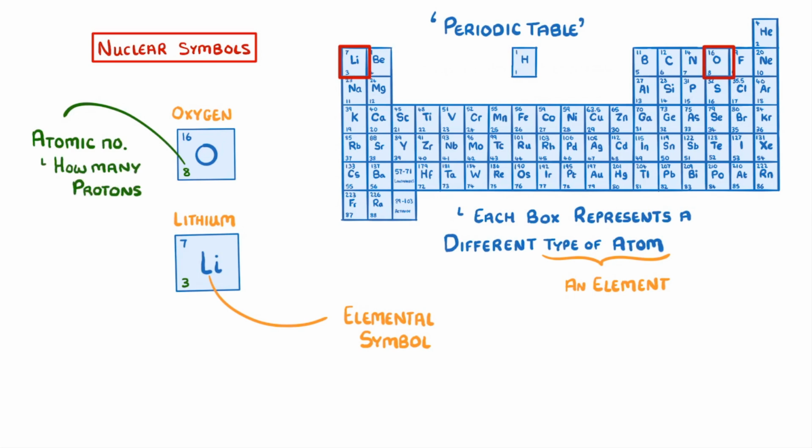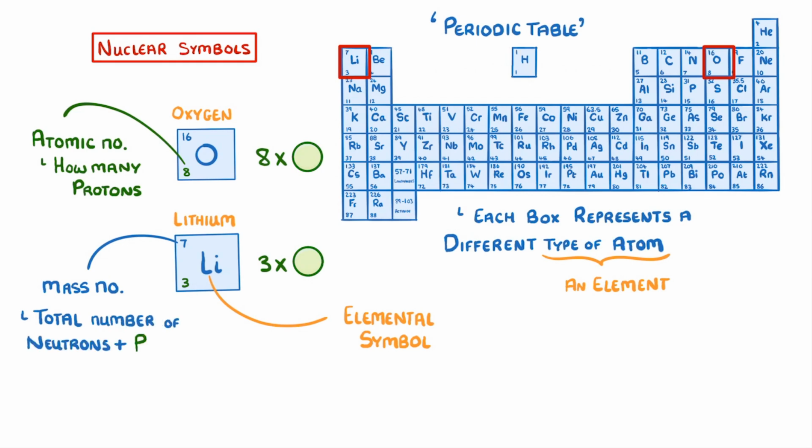So all oxygen atoms have 8 protons, and all lithium atoms have 3 protons. And this is actually really important, as it's the number of protons in an atom that determines which element that atom is. Lastly, in the top left, we have the mass number, which tells us the total number of neutrons and protons in that atom.